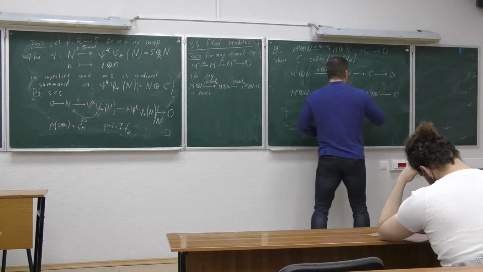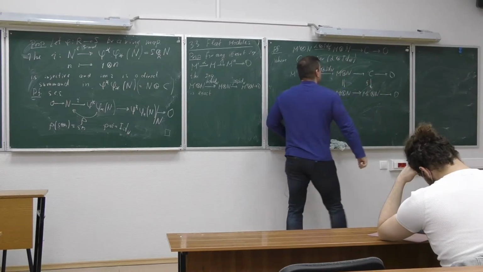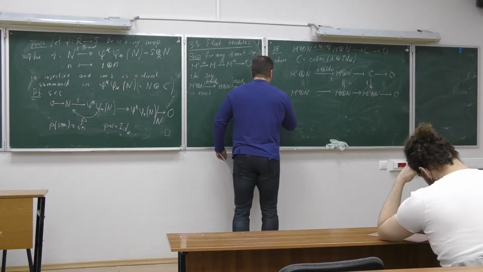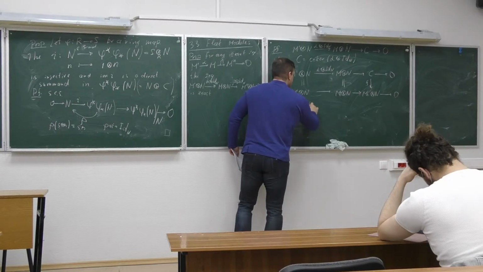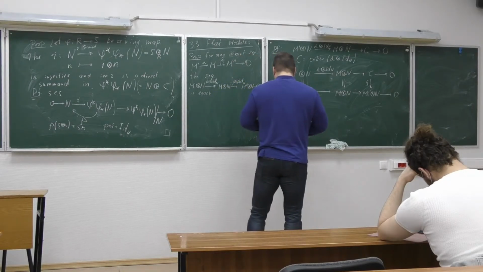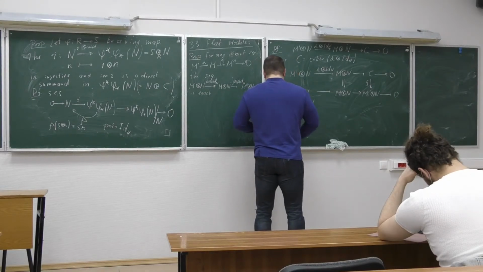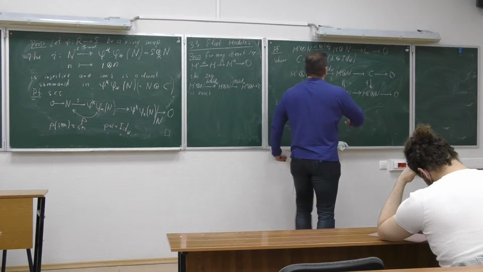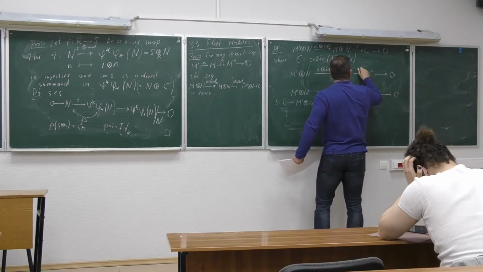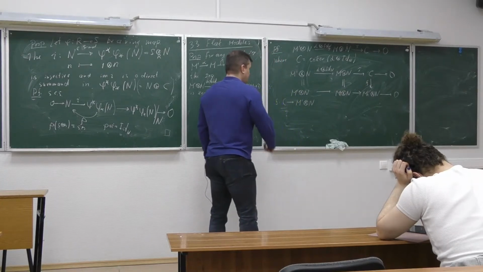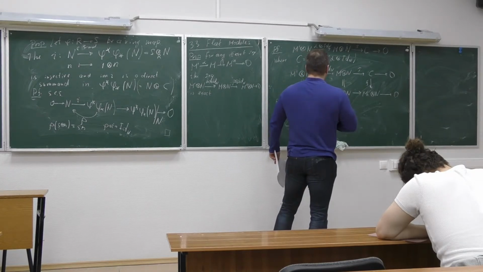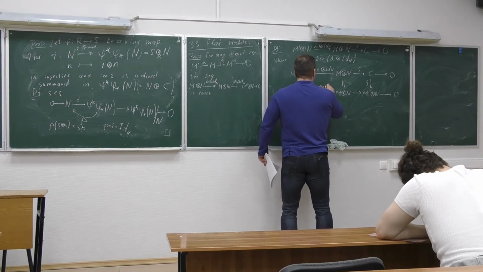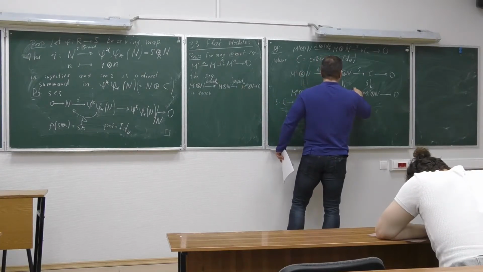I start with the map F. The map F is a map from C to the tensor product M prime tensor N. Maybe I also want to give a name to this map to C, so let's call this map pi. And here I have alpha tensor the identity on N, and this is beta tensor the identity on N.